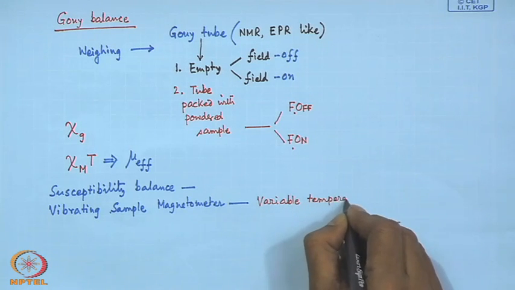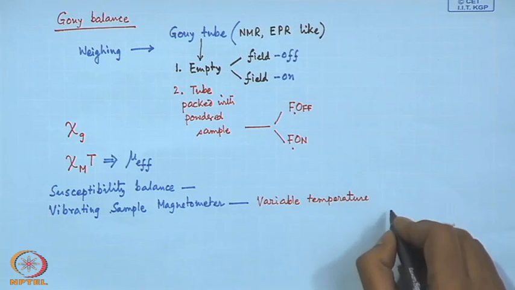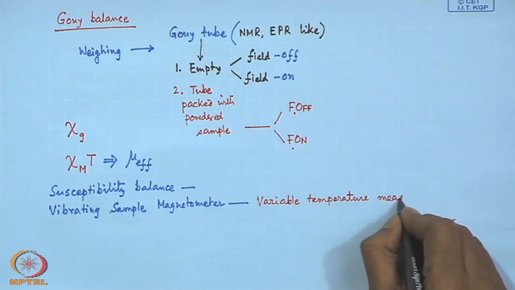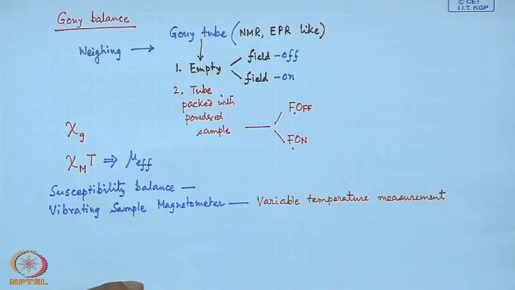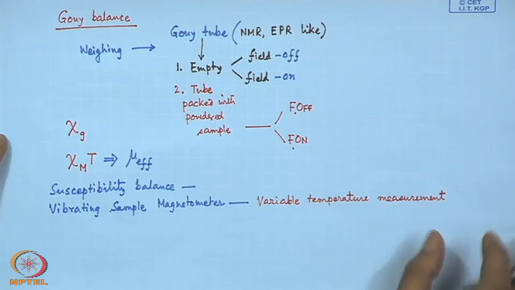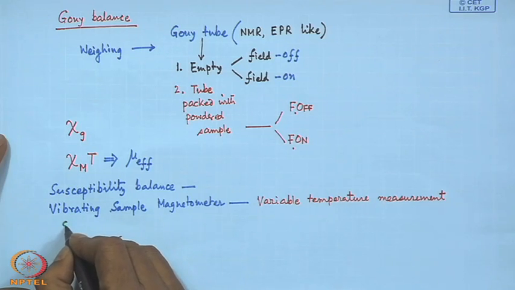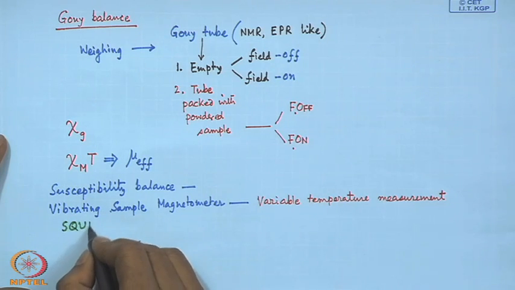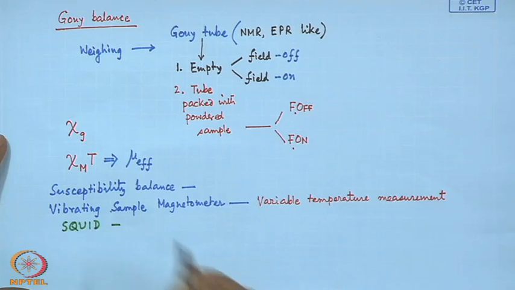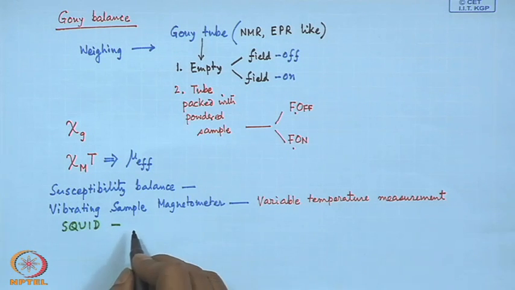And the most recent one, and a highly sophisticated one, is the SQUID magnetometer, which is the superconducting quantum interference device.